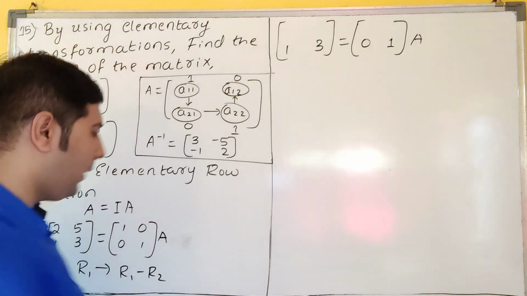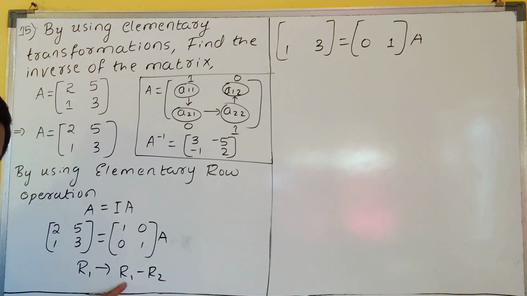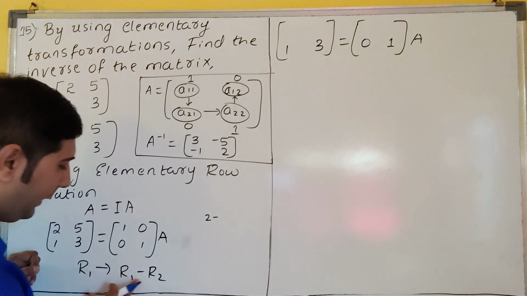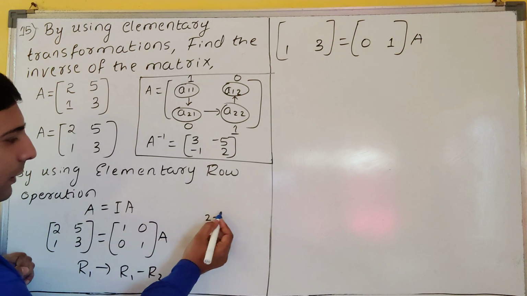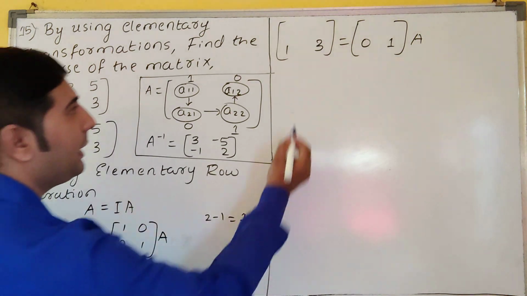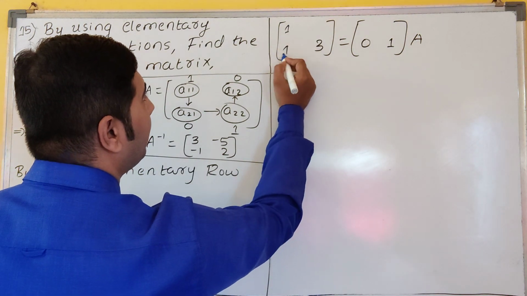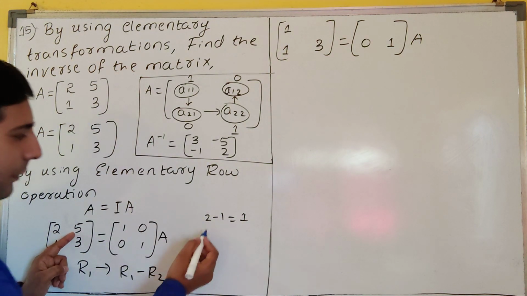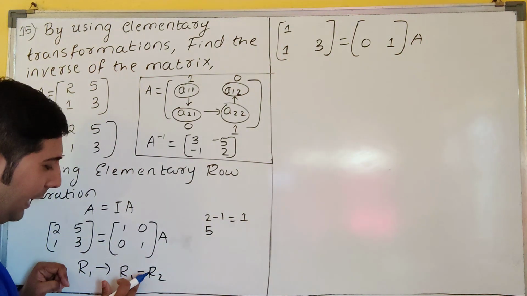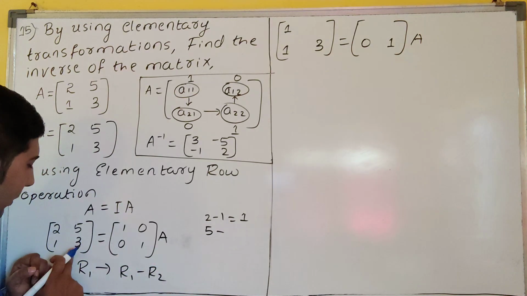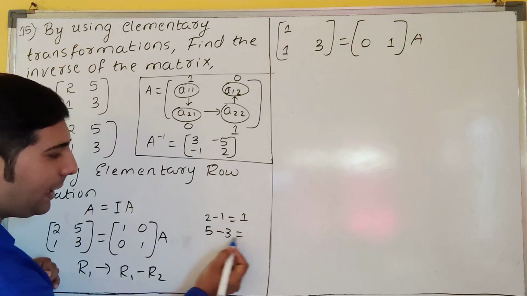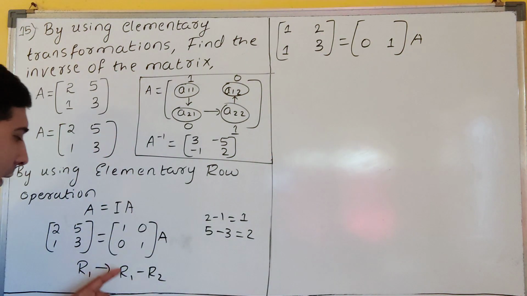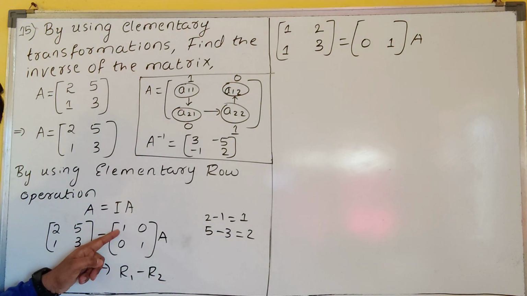R1 is 2 minus R2 is 1, 2 minus 1 is 1, dear students. 1 you write here. Clear? So next R1 is 5 minus R2 is 3. 5 minus 3 is 2. I will write 2. Clear? So next R1 is 1.